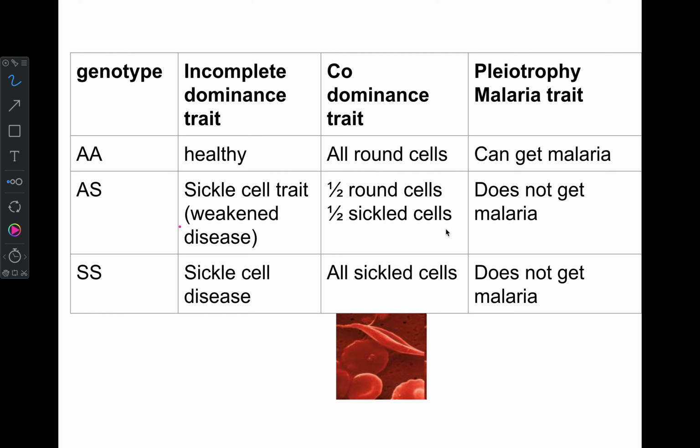And sickled cell can be a really dangerous disease, but it also can give you side effects. If you have all round cells, you can get malaria. If you have all sickled cells, you do not get malaria, right? So there's a benefit to this. There's a big benefit in the sense that if we look at your cells, right?